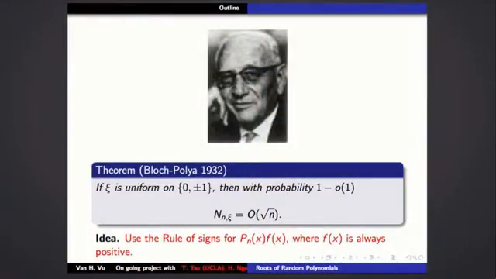So the first result in this direction was obtained by Bloch and Pólya in 1932, when they looked at the model where the coefficients are uniform on 0, plus or minus 1.